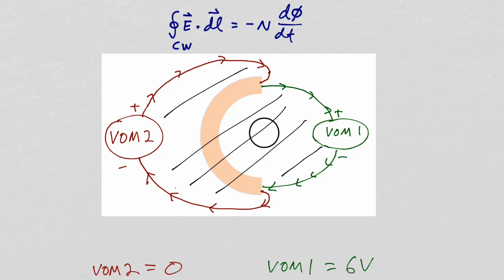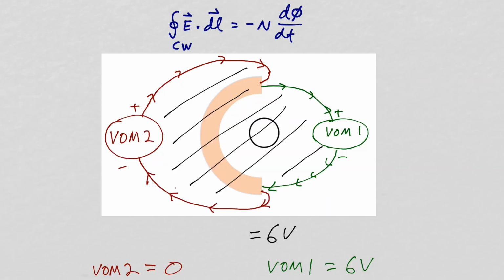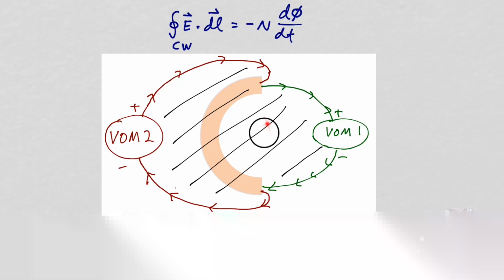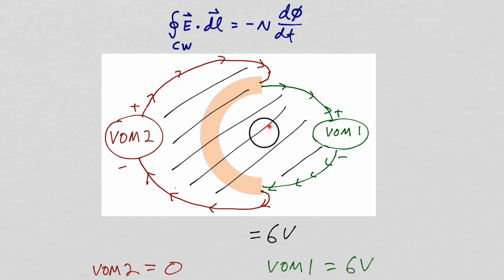The only change in flux with respect to time through this region is again our solenoid, which is now enclosed by this larger path. So the integral of E dot dl around this path will get minus VOM2 plus VOM1. Substituting the results we found earlier for VOM2 and VOM1, we see that we get 6 volts on both the left and right sides.